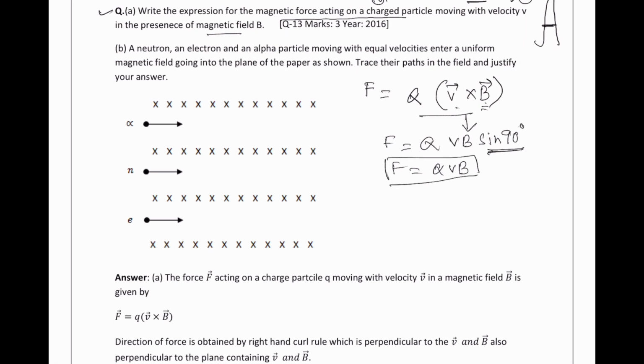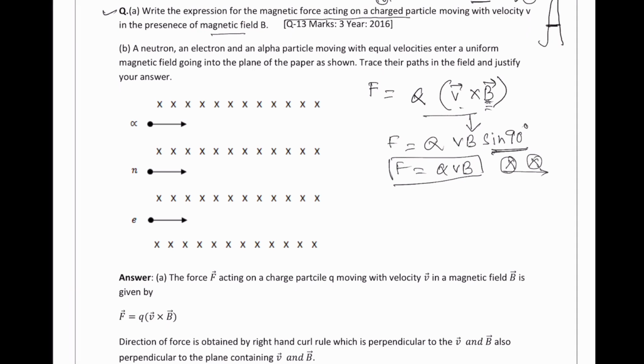Suppose velocity and the magnetic induction vector are at right angles. A cross means the direction of the magnetic field is perpendicular to the plane of the paper, away from the observer, correct? Or it can be perpendicular to the plane of the paper but towards the observer.